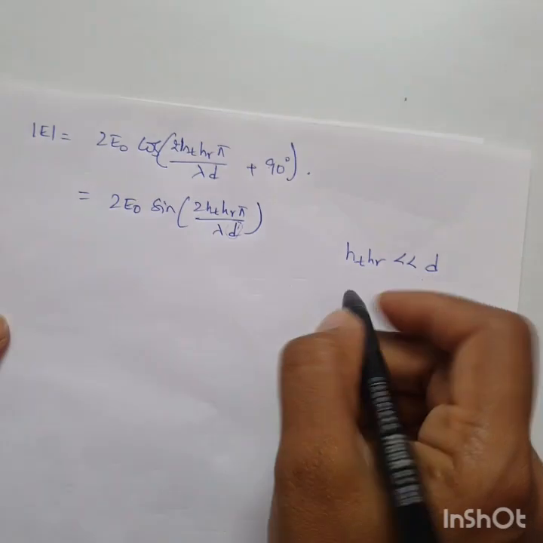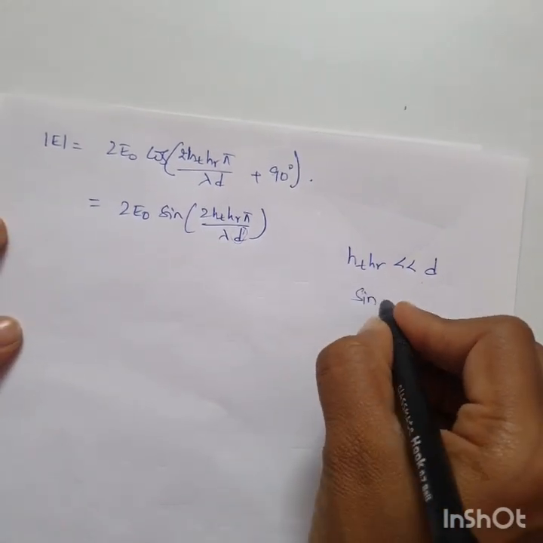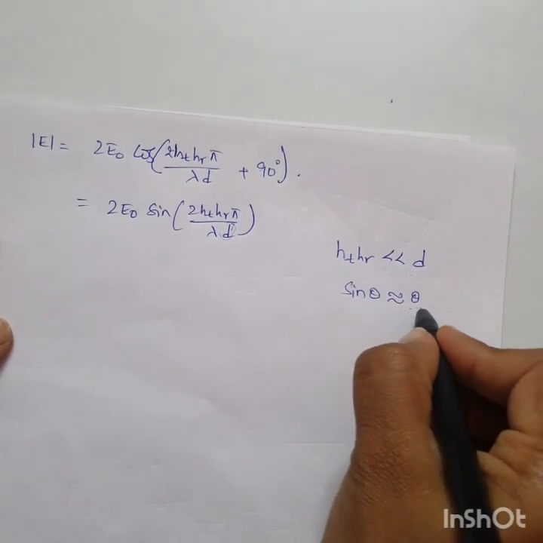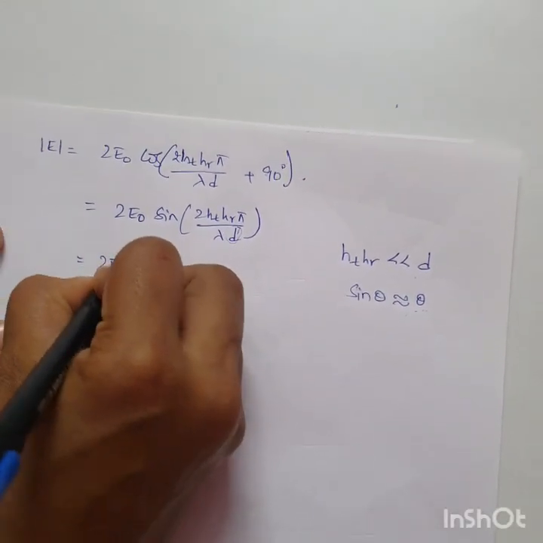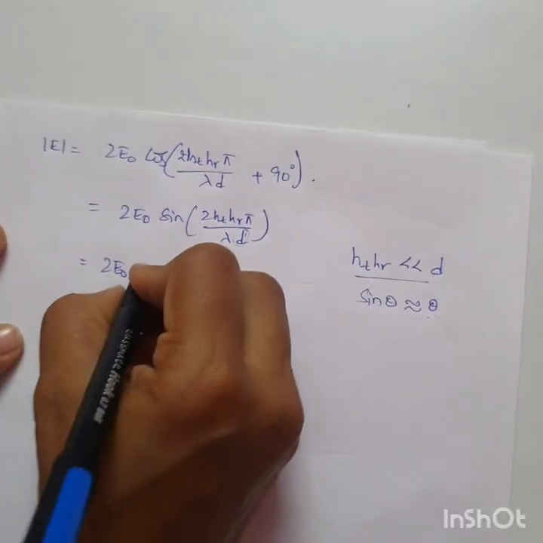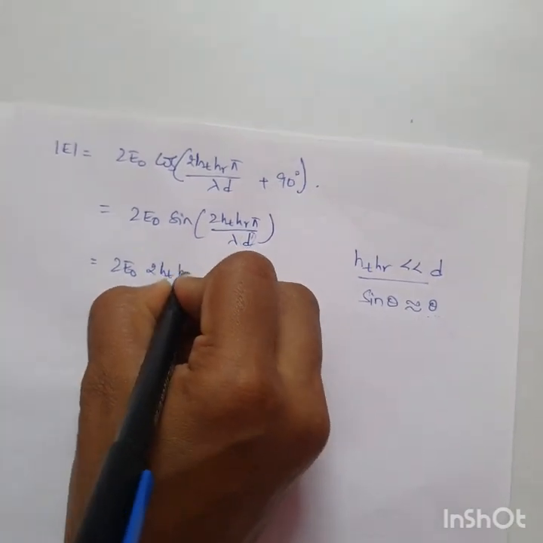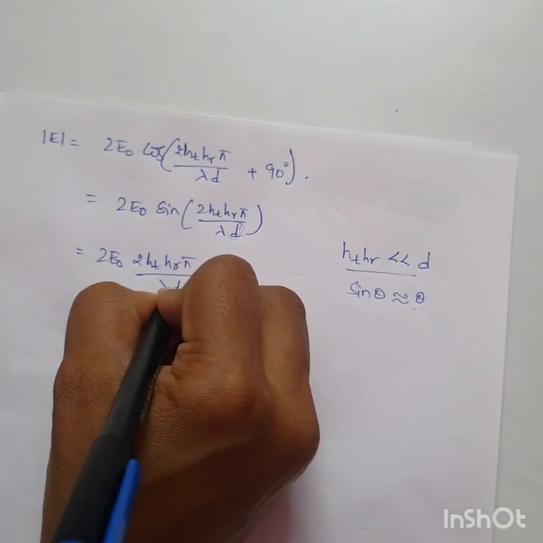So for smaller angles of sine, we can write sin theta approximated to theta. So I am writing this expression for this condition as 2 E naught into 2 pi ht hr by lambda d.